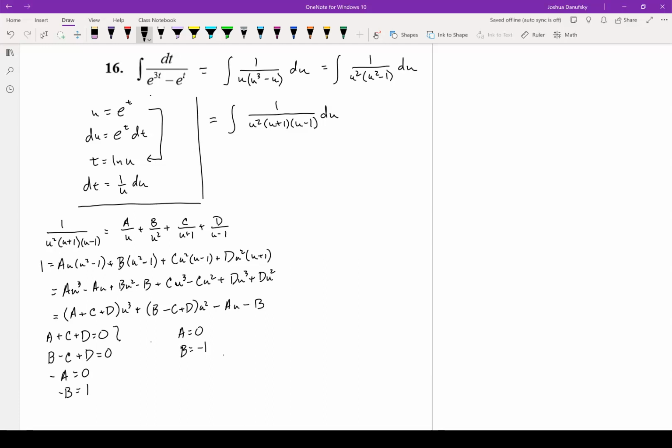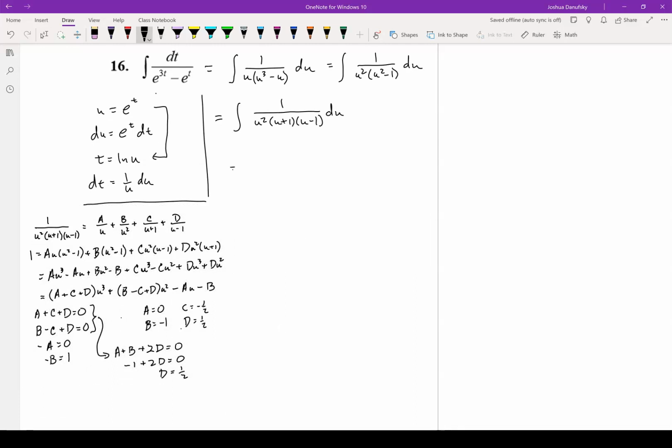If we combine these two, we'll end up with A plus B. The C's cancel, and we have plus 2D equals 0. A is 0, B is negative 1. So we have D is equal to 1/2. From there, we can plug back into one of the original equations, and we'll notice that C is equal to negative 1/2.